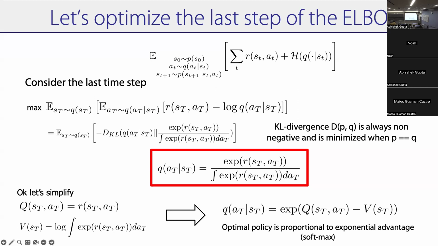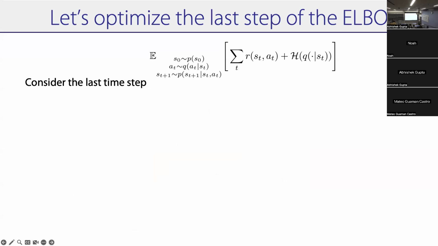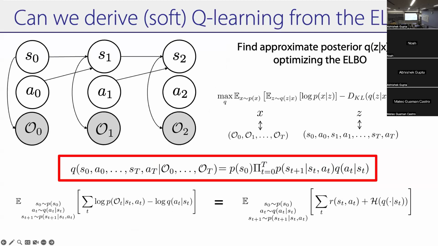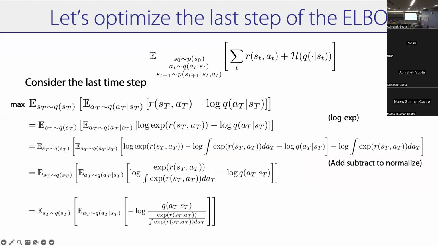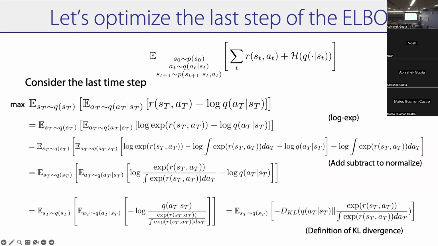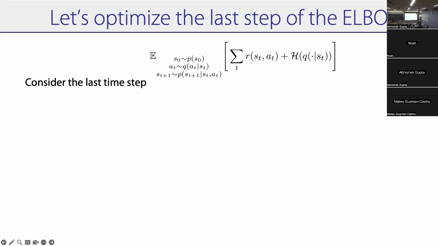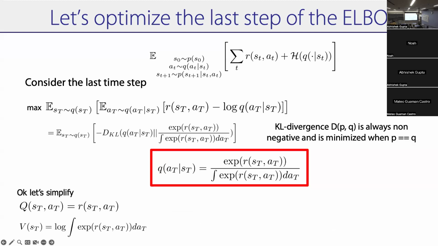All we did here is, just like in LQR, we did the last step of our Riccati equation, or the last step of our dynamic programming update. We converted it into a KL divergence to make it easy. The KL divergence gave us the softmax. Then to make this a recursive equation, we just defined what Q and V are. Okay.